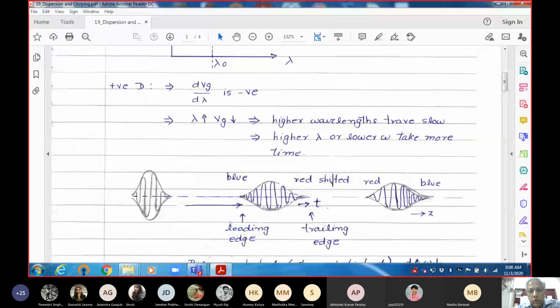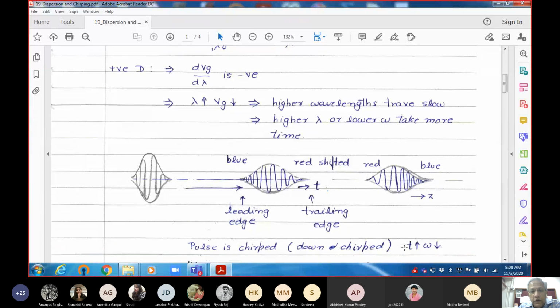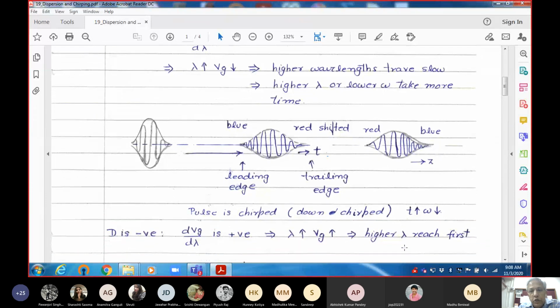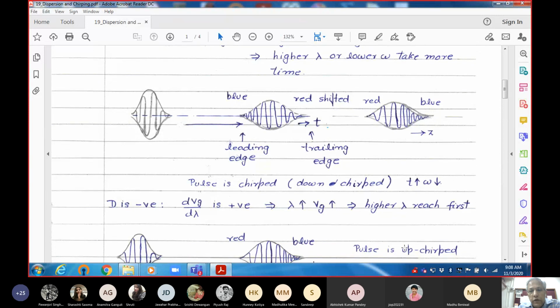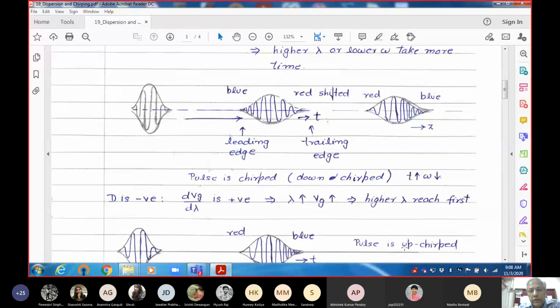So the leading edge is blue shifted and the trailing edge is red shifted. So the pulse gets chirped, and if you look at the frequency as a function of time, because as t increases, omega decreases, d omega by dt is negative, so we call it a down chirp pulse.